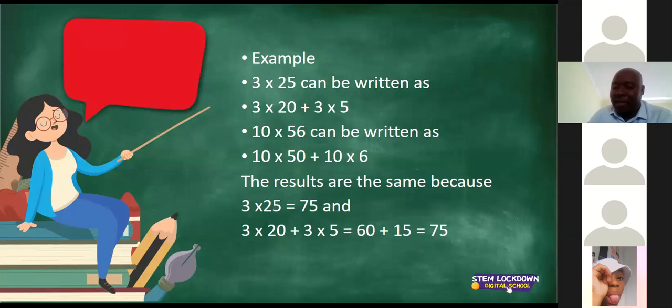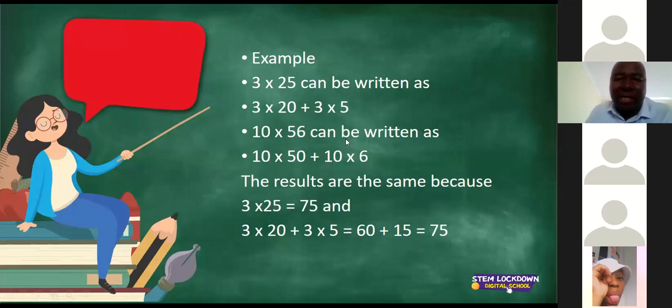So you are multiplying 3 by 20 plus 5. So in other words, 3 times 25 can also be written as 3 times (20 plus 5) inside bracket. You understand what I mean? And thereafter, you go straight to the next step, which would be 3 times 20 plus 3 times 5.